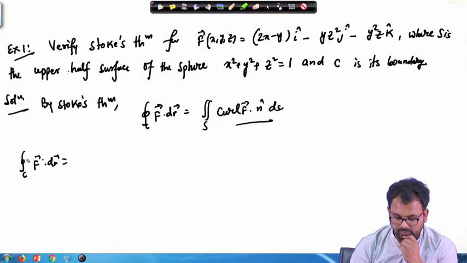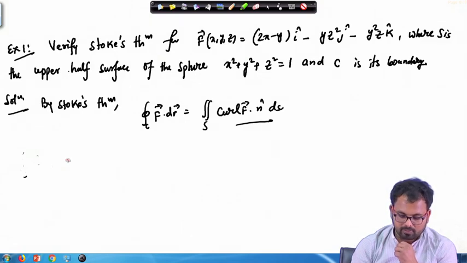Let me write one or two lines before I actually calculate this line integral.